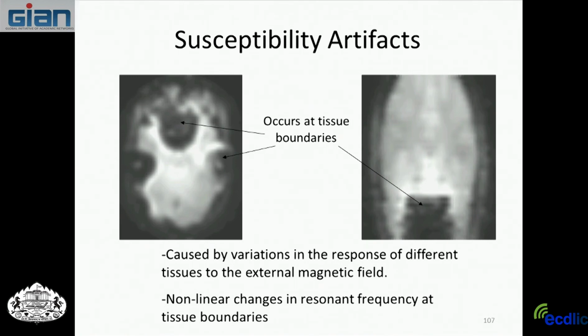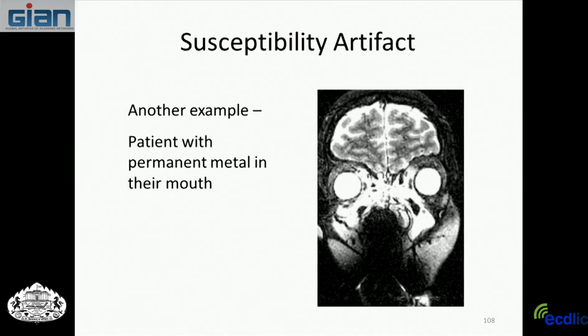You can see it leads to a lot of blurring and sometimes black holes in the image, because we have nonlinear changes in the resonant frequency at these tissue boundaries. The resonant frequency of our tissue is different from that of the air molecules, and it leads to these variations, especially at the boundaries of different types of tissues.